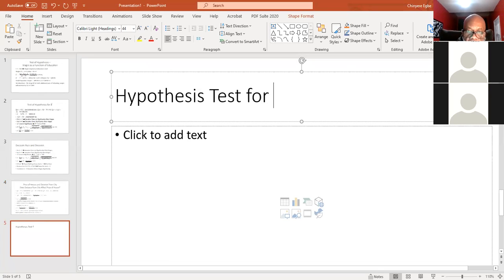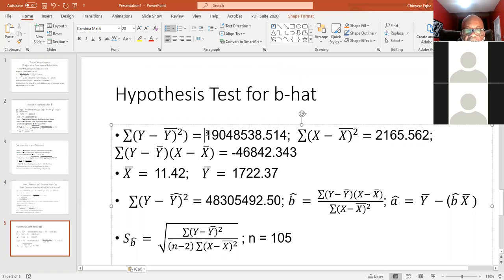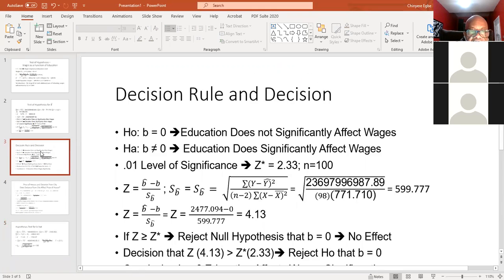Test for B hat. I'm just going to call it B hat here until I go and retrieve the values.